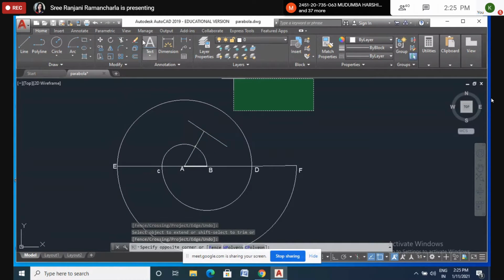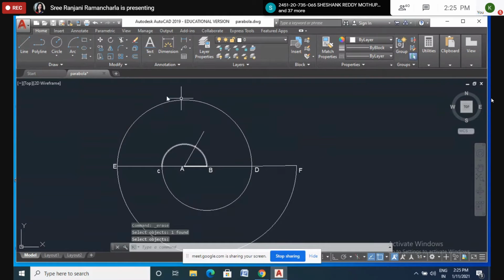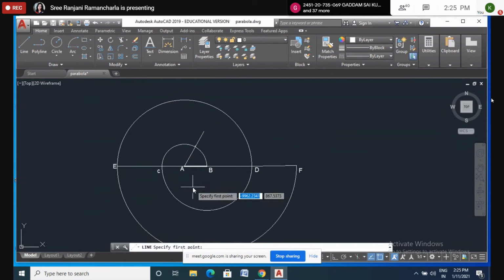Okay. Now, if this is the normal, then you can draw the tangent taking perpendicular to this one. So in AutoCAD, I will draw in this way.